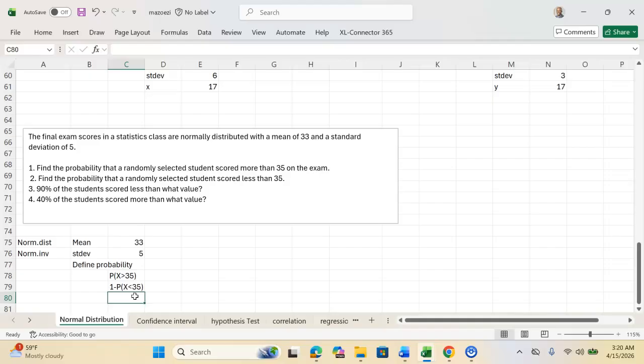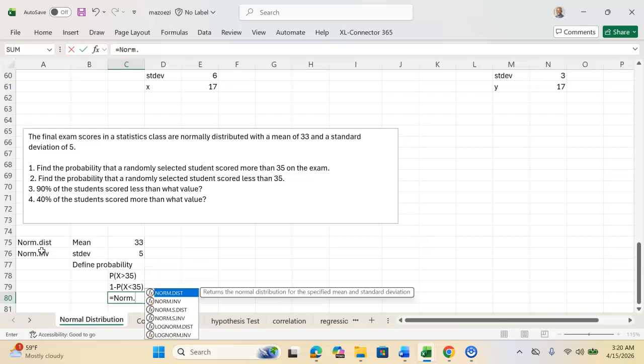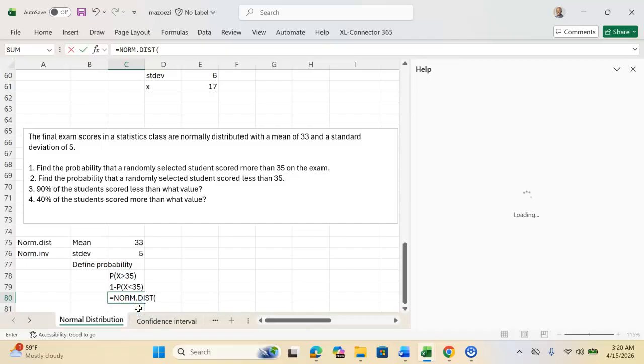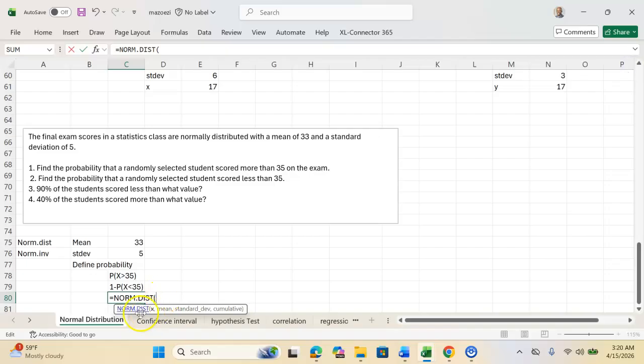In this case just put an equal sign, and now we can apply our function, which is norm.dist. When using norm.dist, we are required to put the value of x, and then the mean, standard deviation, and cumulative. Remember that our cumulative will always be true.